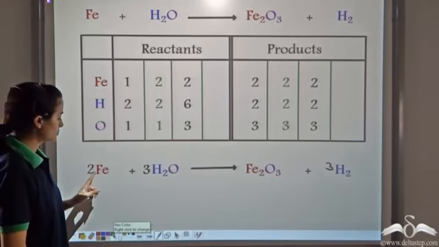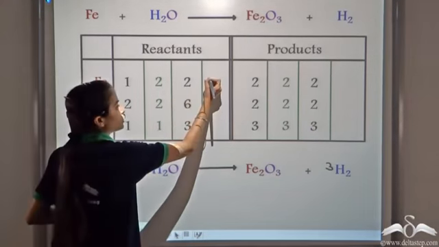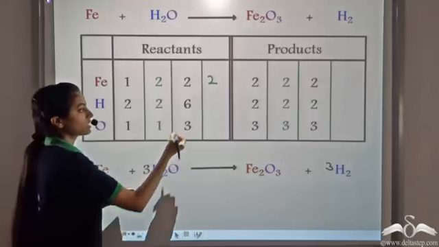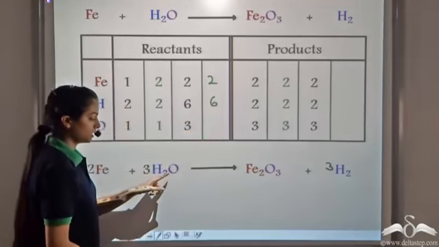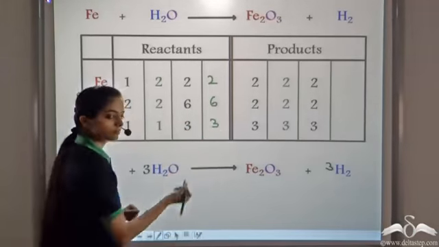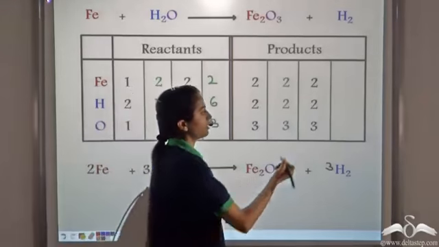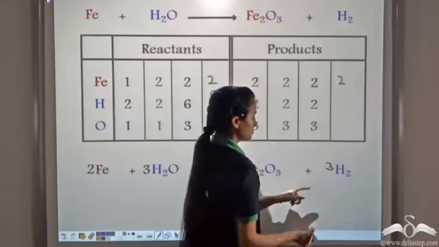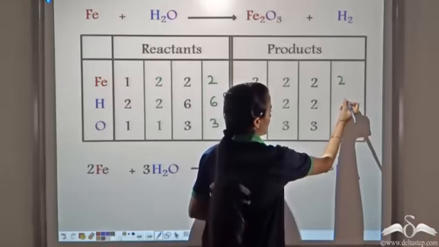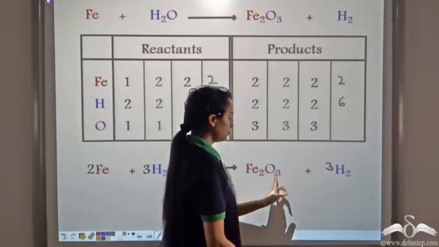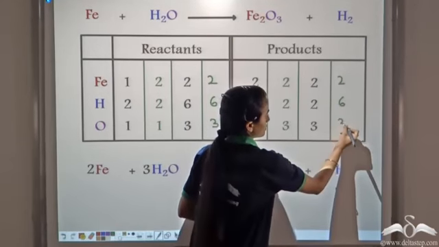what do we get? On the reactant side, we have 2 atoms of iron, 6 atoms of hydrogen, and 3 atoms of oxygen. On our product side, we have 2 atoms of iron, 3 twos are 6 atoms of hydrogen and 3 atoms of oxygen.